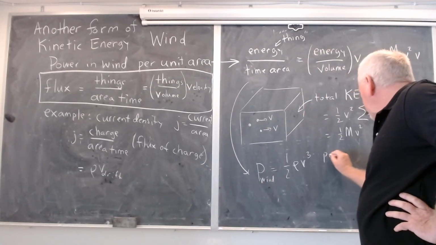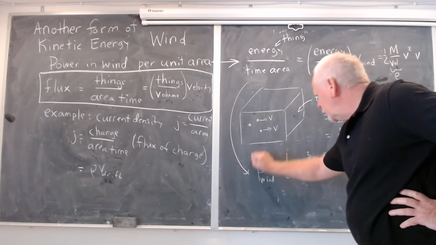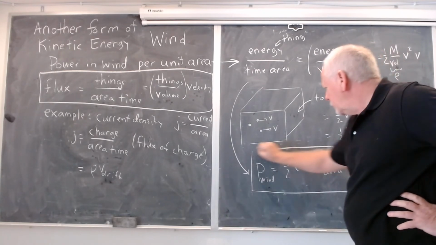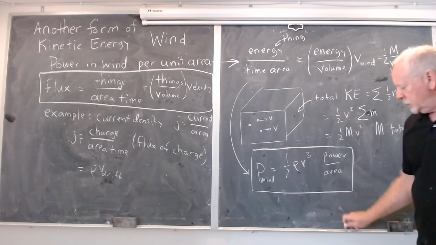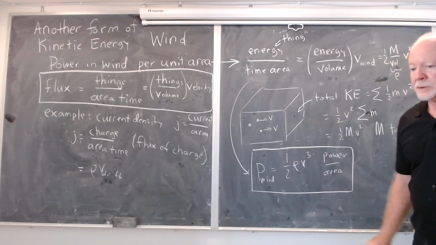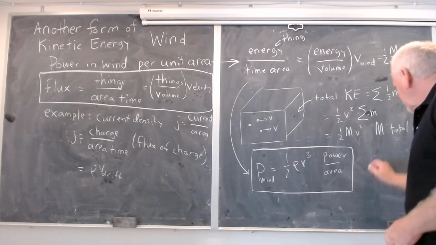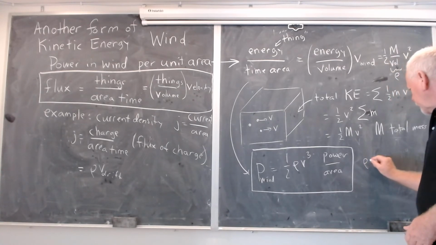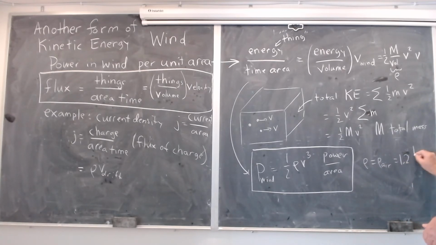Power per unit area. Where rho is the mass density of air, which the numerical value for that is rho air, which is 1.2 kilograms per meter cubed.